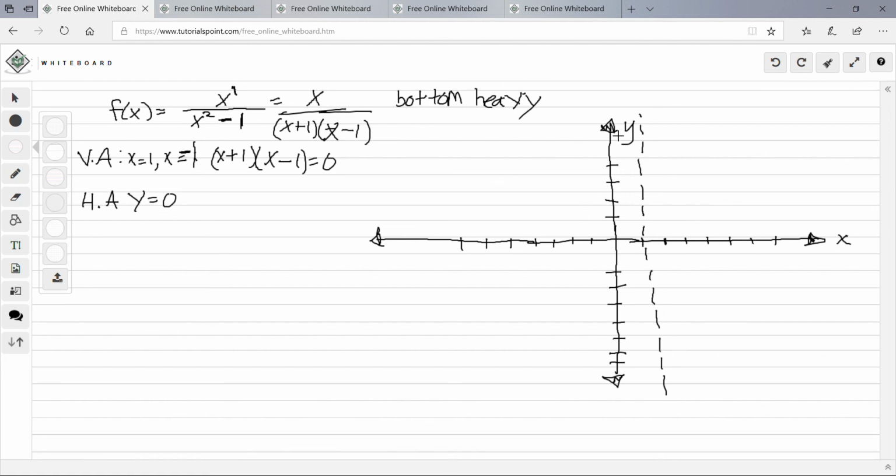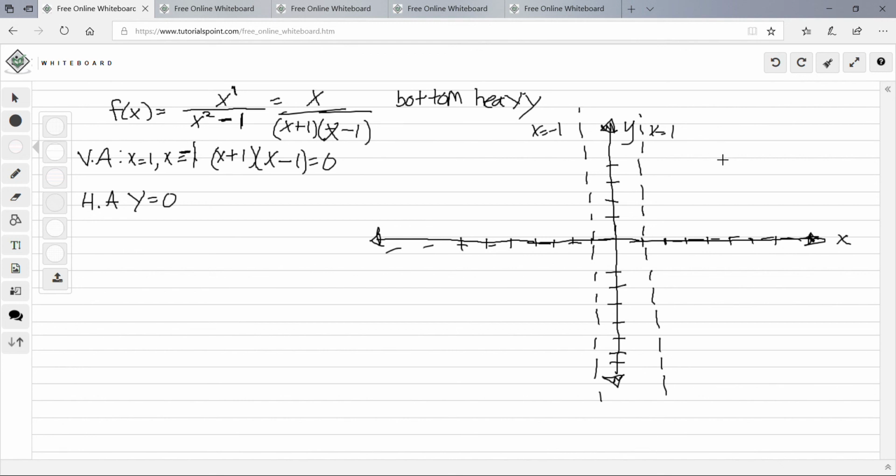And here's -1, so this is x equals 1. -1's right here. This is x equals -1. Now our horizontals here, just make sure it doesn't go over the 0.